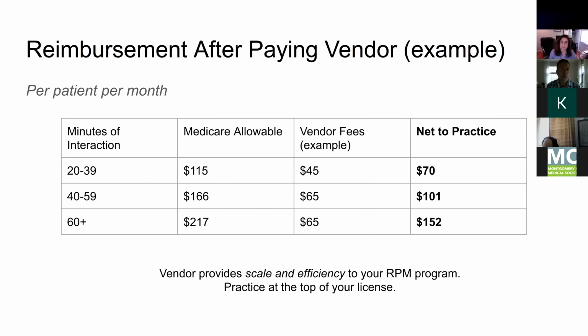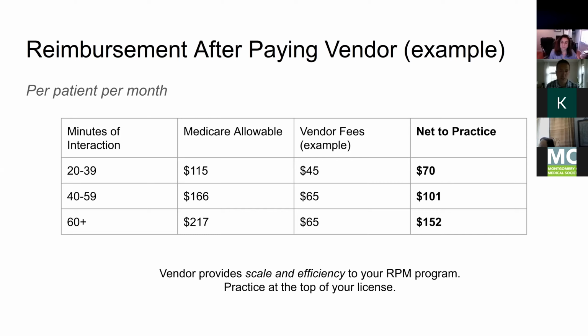So if you do some quick math, if you put 10 patients on and you're getting, let's call it, $100 per patient per month, that's $1,000 per month of recurring revenue. As long as the patient keeps doing this, you keep getting that, which is non-face-to-face. So it did not require an appointment slot in your office.